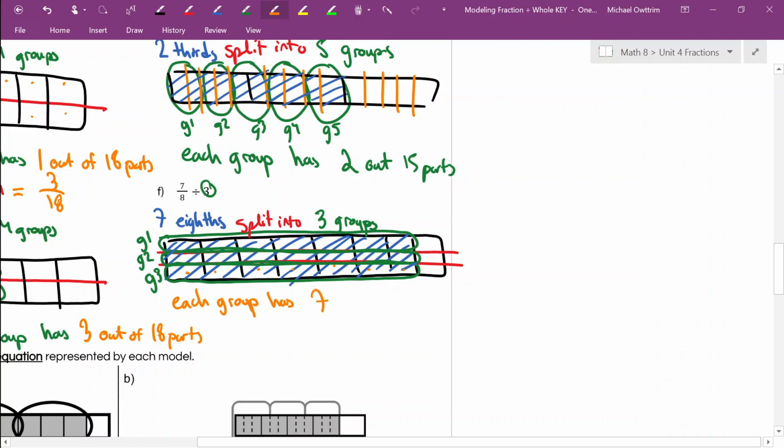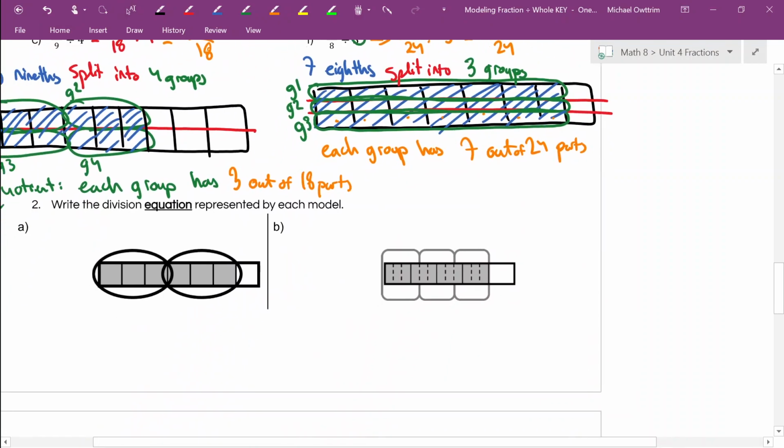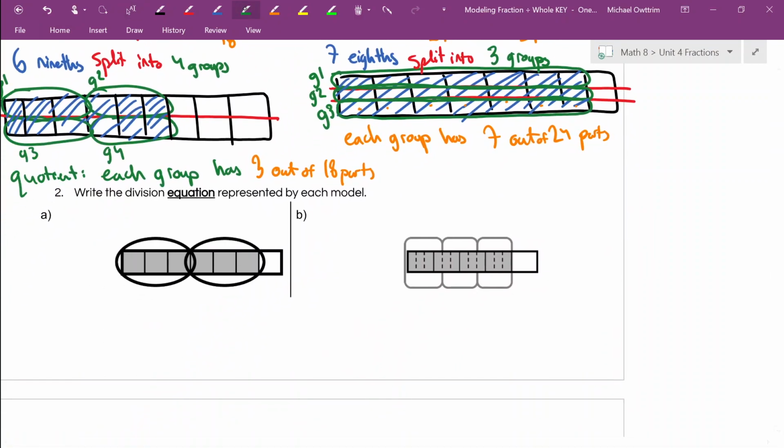And in this total thing, it's an 8 by 3, so 24 total parts. And so our new fraction would have been 21 out of 24 divided by 3, and that gives us 7 out of 24.